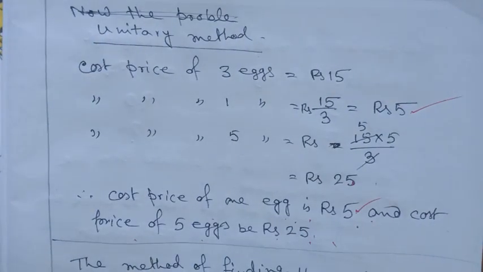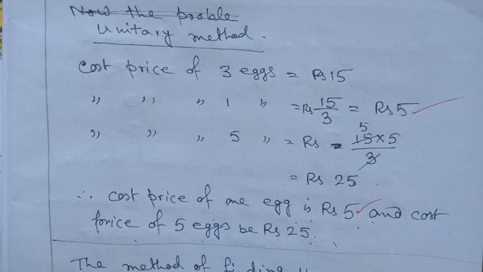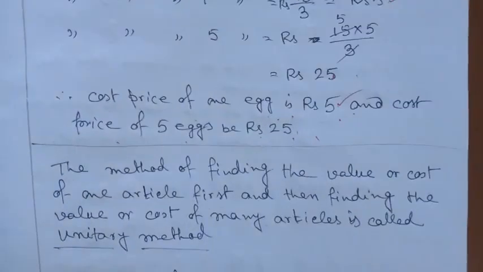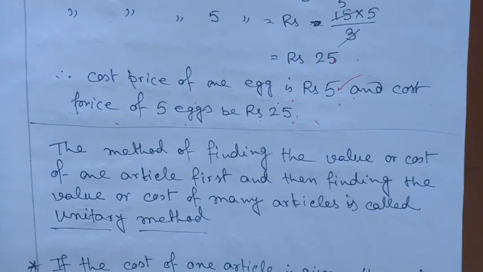Now what is unitary method? First we discuss the problem. Next, what is unitary method? Here is the definition. The method of finding the value or cost of one article first, and then finding the value or cost of many articles is called unitary method.